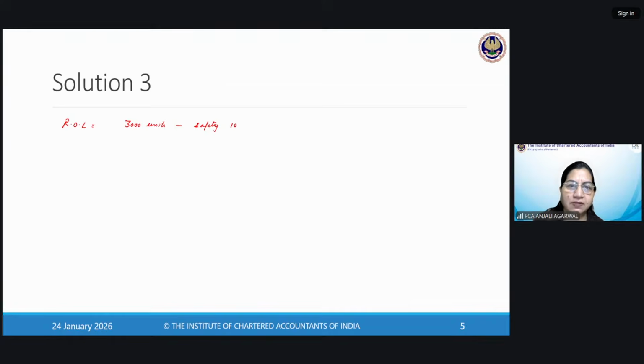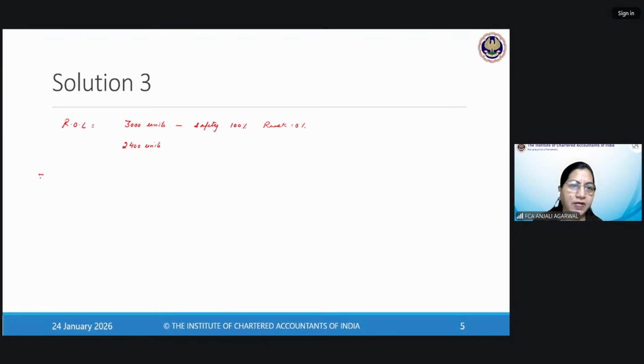Safety is 100%, risk is 0. But if reorder level is 2400 units, you might face some problem.